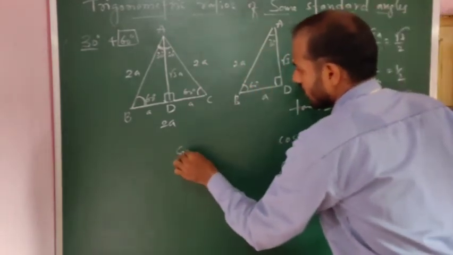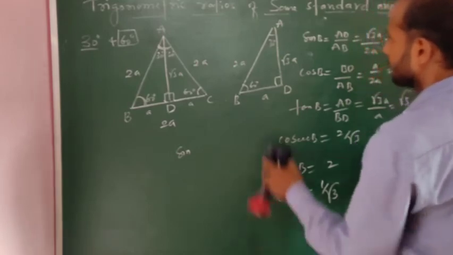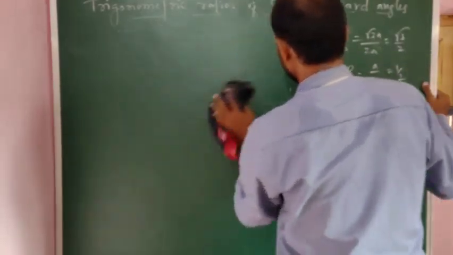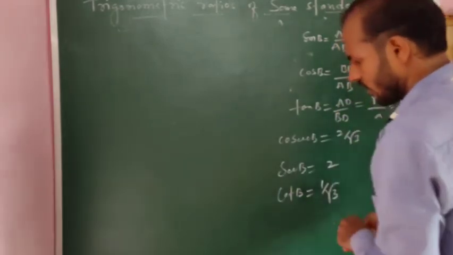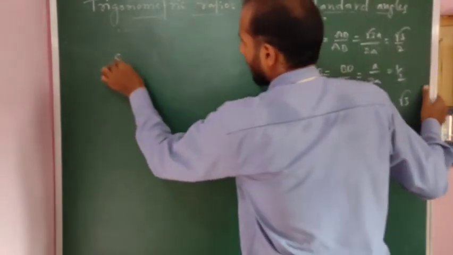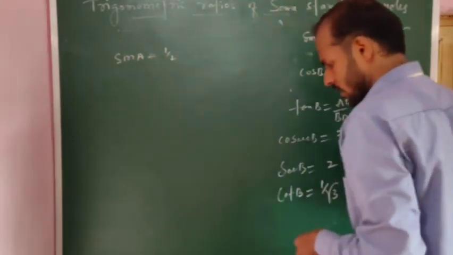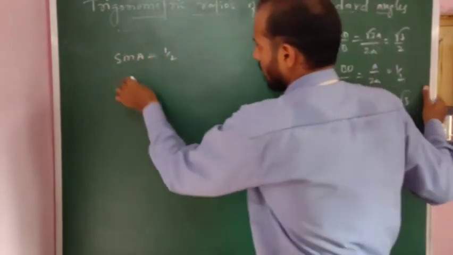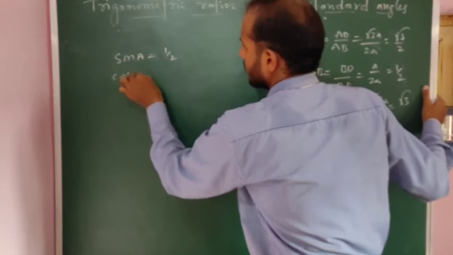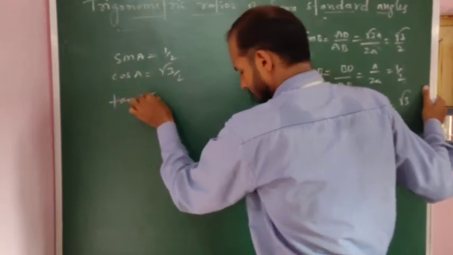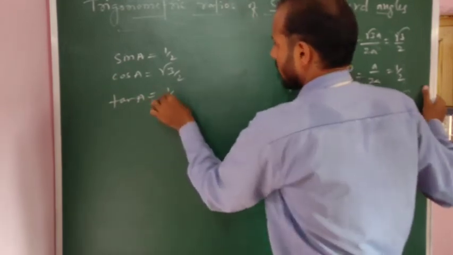And one thing to keep in mind about angle 30 degree and angle 60 degree. I will write once again here. The value of sine A is 1 by 2, cos A is root 3 by 2, tan A is 1 by root 3.